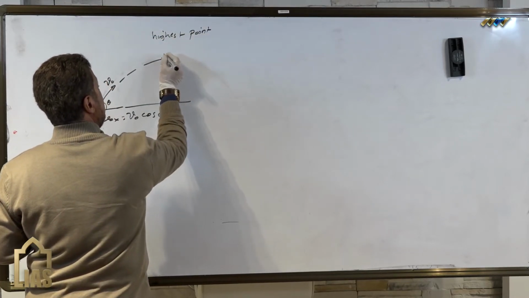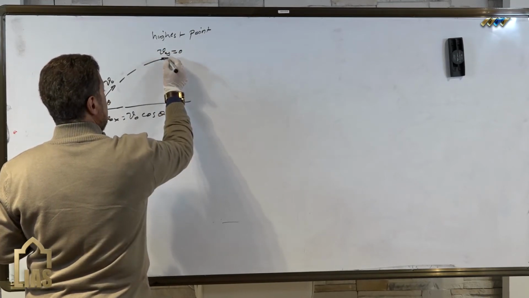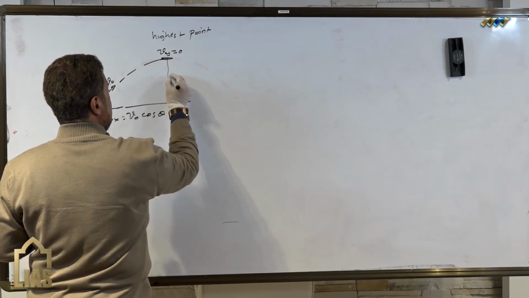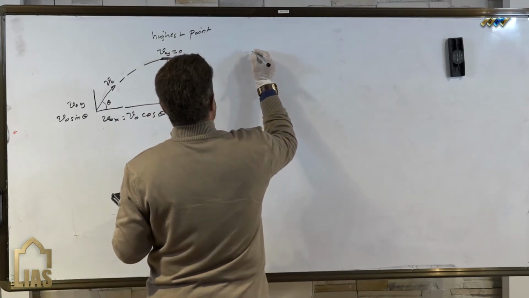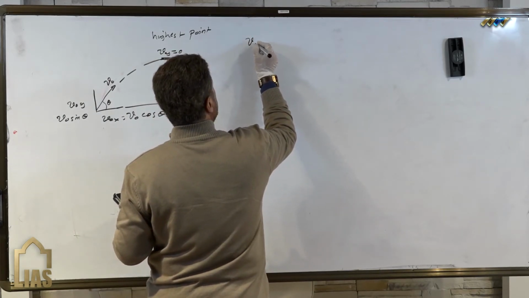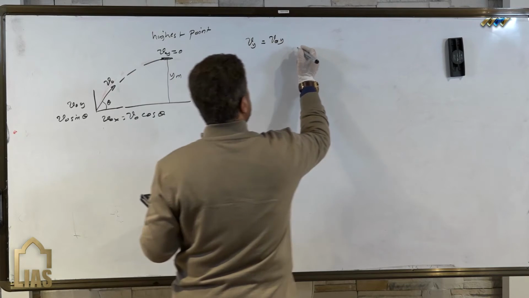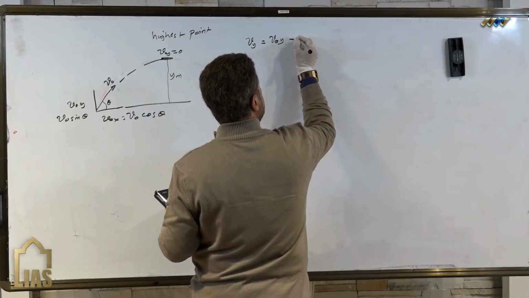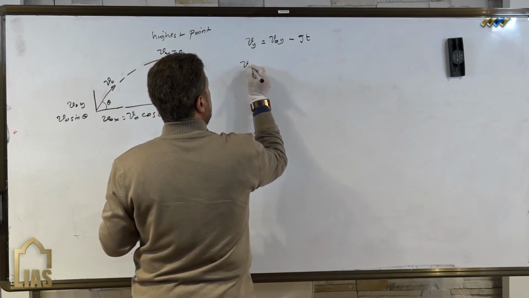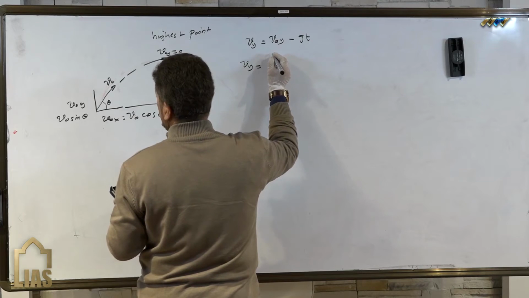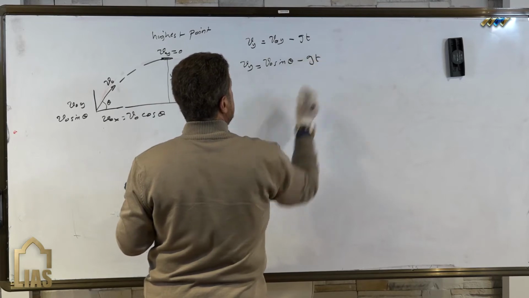At the highest point, vy is equal to 0. Okay, this is y maximum, and we say that vy is equal to v0y minus gt. vy is equal to v0 sine theta minus gt.